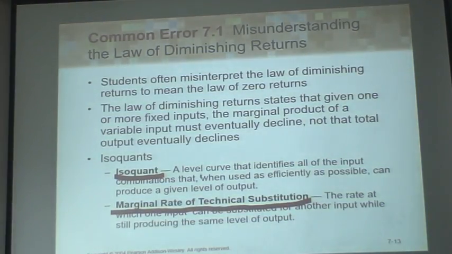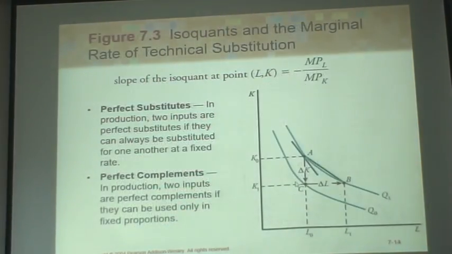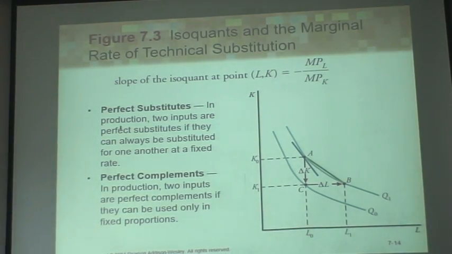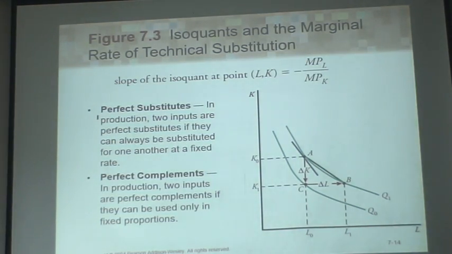So the tools that we have to analyze the behavior of producers are very much the same as those of consumers. When we talk about consumer behavior, we have perfect substitutes and perfect complements. It is the same for producers.